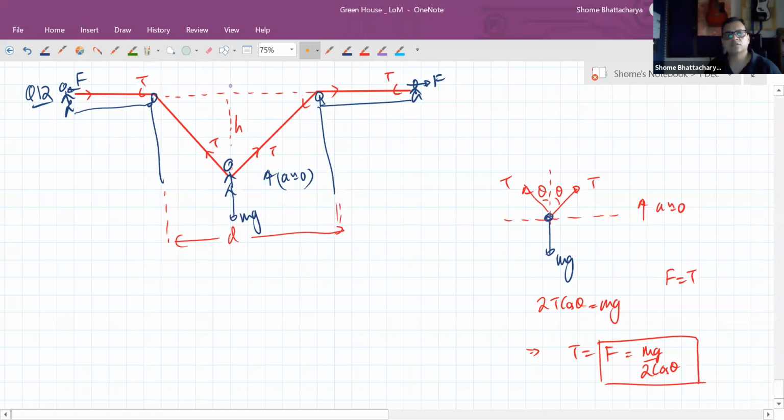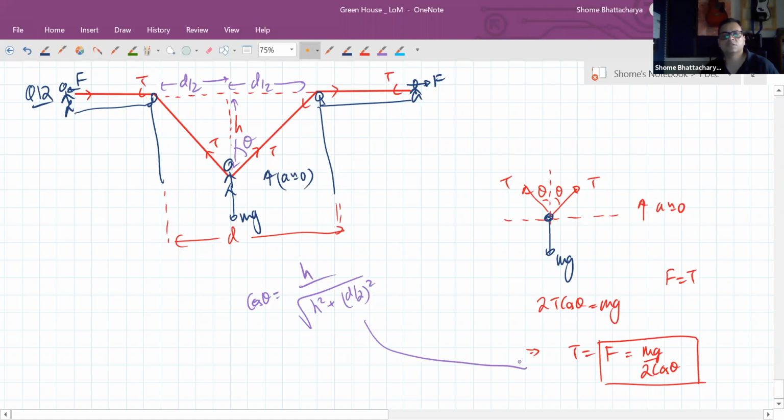So in this triangle, you can see this will be d by 2, and this is h. Okay, and this angle is theta. So we can replace cos theta with base upon hypotenuse. Okay, so substitute that here and you will get the force. So that is question number 12. Okay, next we'll come to question 15.